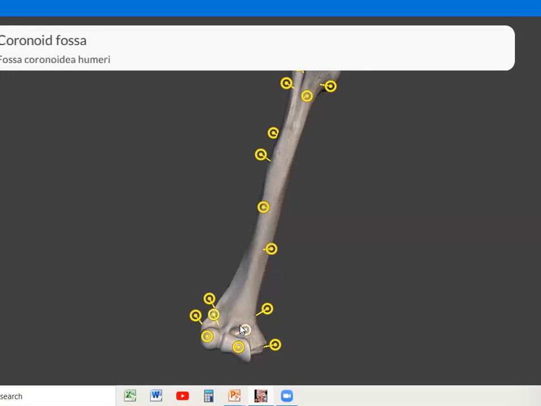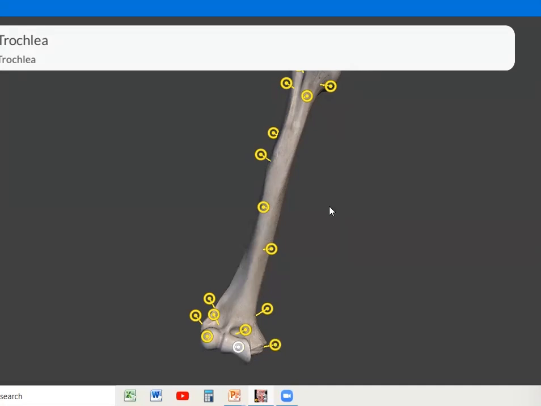Then the coronoid fossa, when the elbow joint flexes. The coronoid process of the ulna bone articulates with the coronoid fossa. Then the capitulum: the head of the radius bone articulates with the capitulum. Then the trochlea, this articulates with the trochlear notch of the ulna bone. These are the lower end features of the humerus bone.